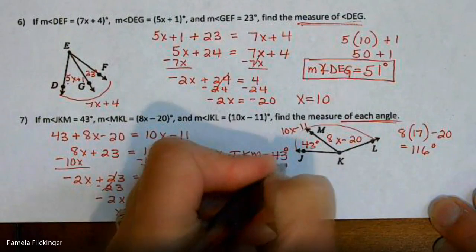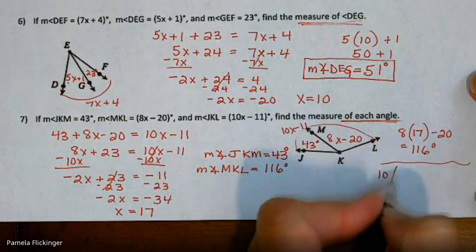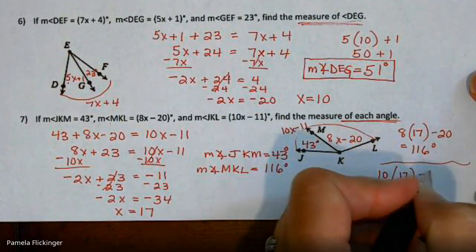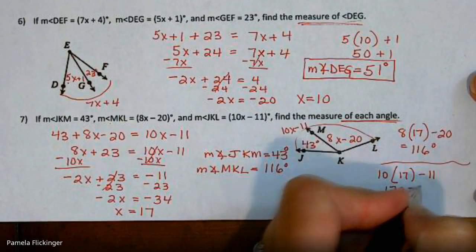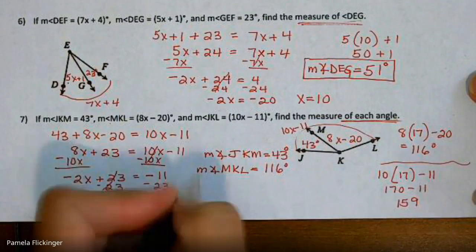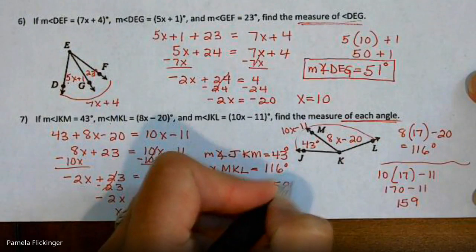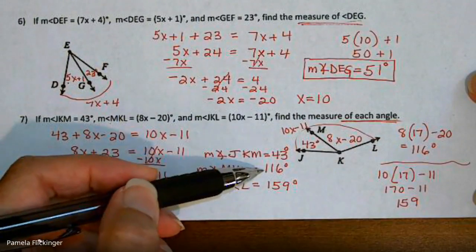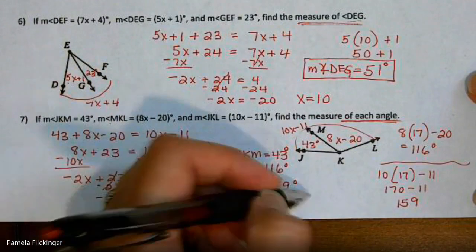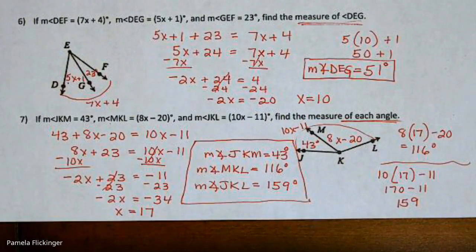So I'll transfer that over here. And then if we put it into the 10x minus 11, we get 170 minus 11, which will be 159. All right, so check that math. Small part plus small part should equal the big part. And that worked out perfectly. Okay. All right, you're ready to do your angle addition postulate practice.